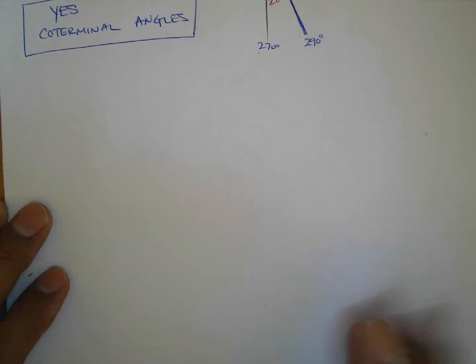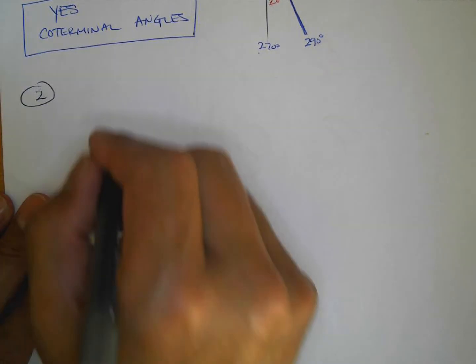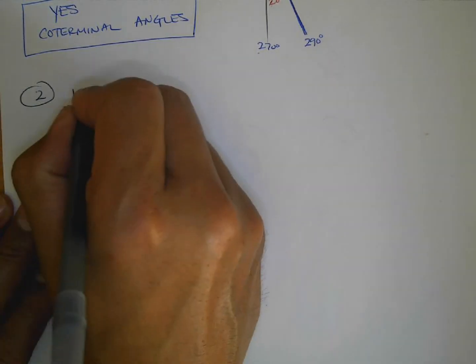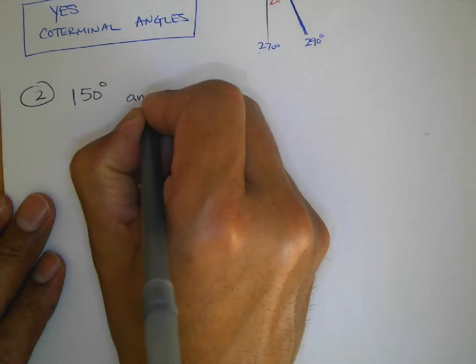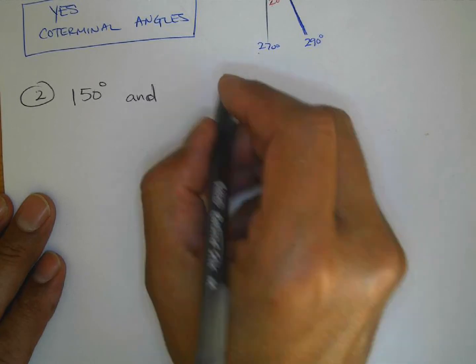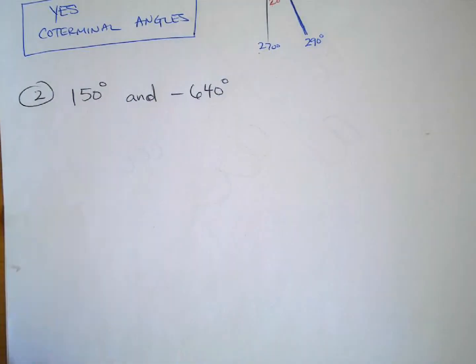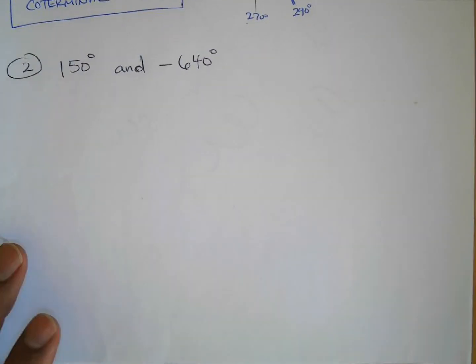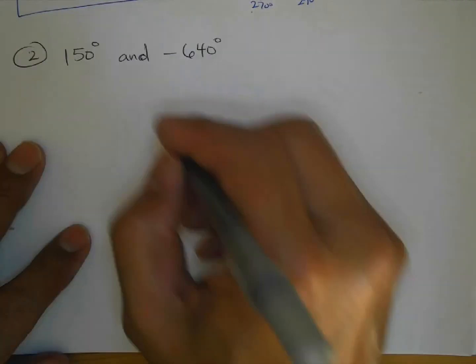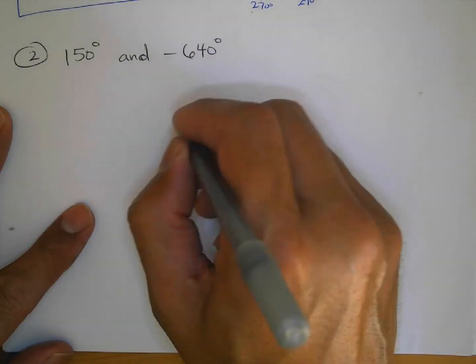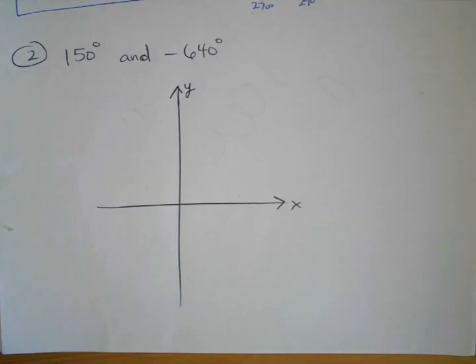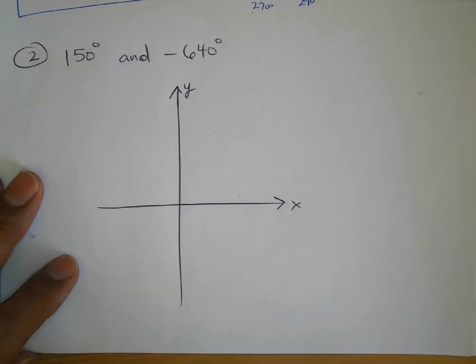Number two. How about 150 and negative 640? Oh, we've got to draw it out so we can see if they share the same terminal side. So drawing it out, an XY axis. Let's draw the 150 degrees first.